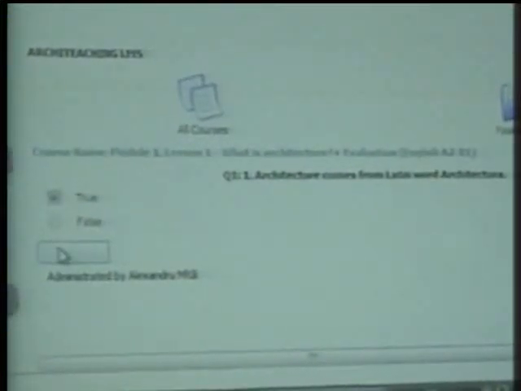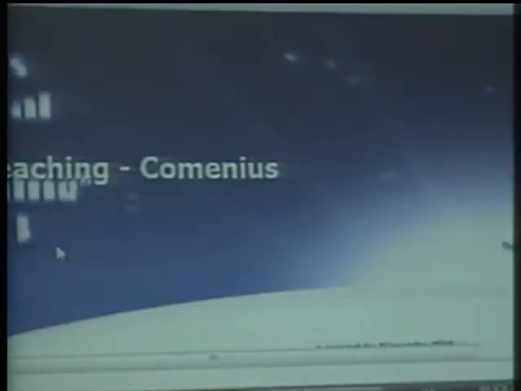The first question. Architecture comes from the Latin word architectura. True or false? True. Question 2. Architecture comes also from the Greek architekton. True or false?